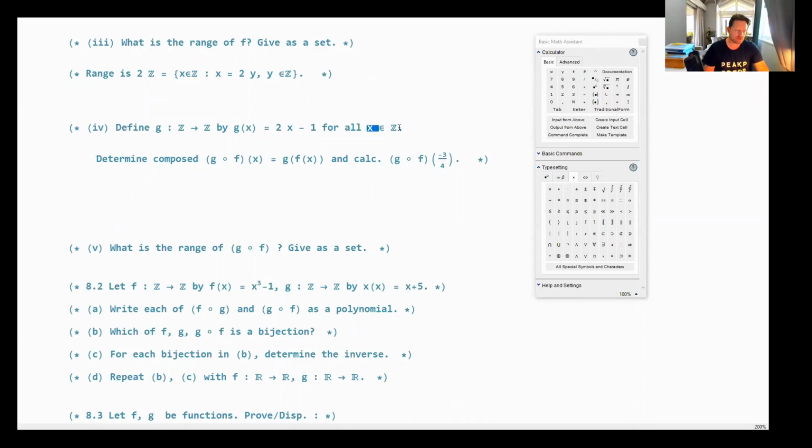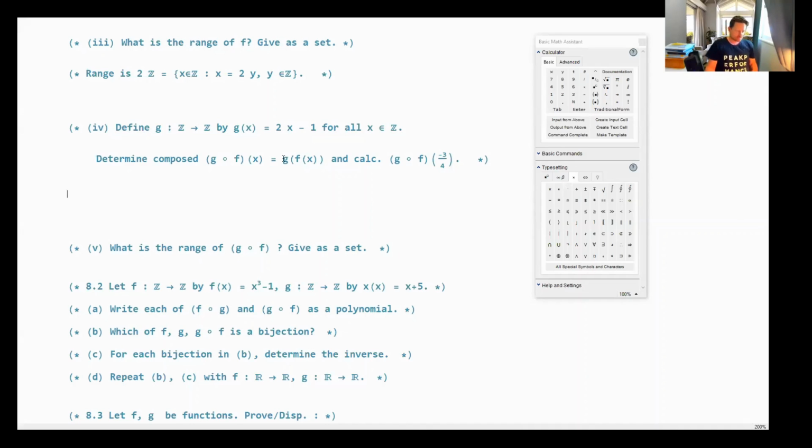For all x belonging to the integers, determine the composed map g circ f of x. And I've got the definition here, and that's not in your problem sheet, but that helps, right? This is defined to be g of f of x. And calculate then what is the composed function at minus 3/4.